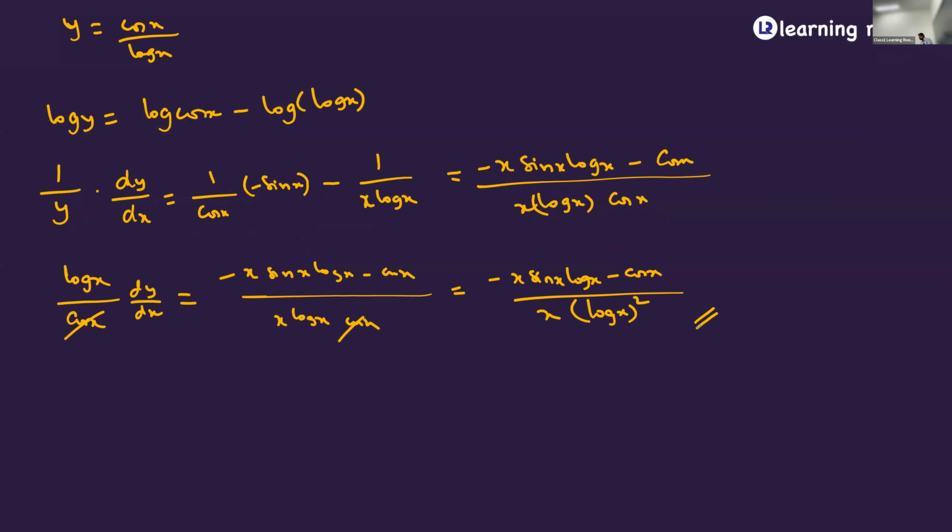Clear with this? Okay. Shall I proceed? I think I will stop with this. How many more are left of this exercise? One, no? That you can do as homework. See, the next exercise is also the same logic.